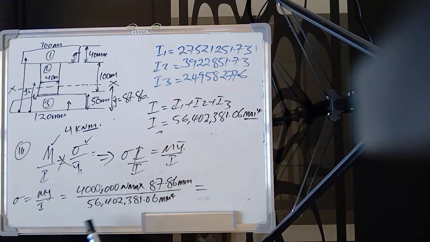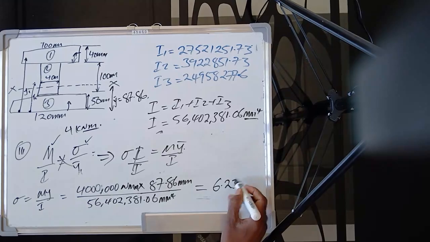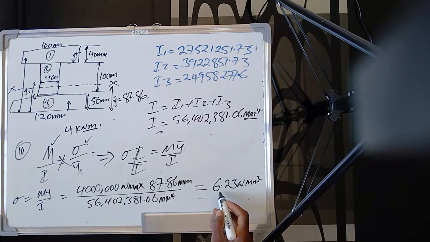Therefore, mega and mega will cancel, so the numbers are reduced, but the answer will come out the same. Once you punch this into a calculator, it should give you 6.23 Newton per millimeter squared. That's the final answer. That is the bending stress that we have.